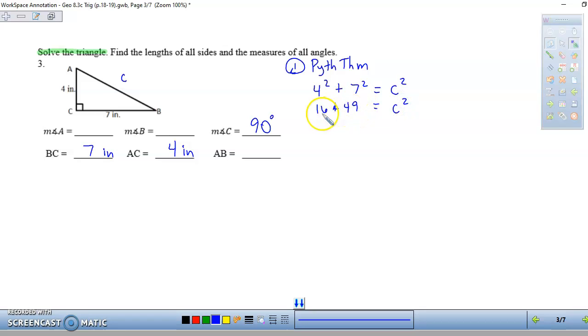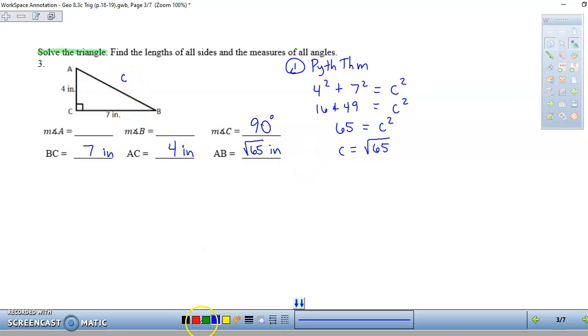So 65 equals c squared. And so c is the square root of 65. Now you can see if there's a perfect square that divides in there. Only one that I would think would be 25, but it doesn't. So we know that AB is the square root of 65.